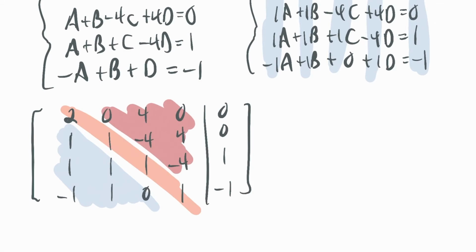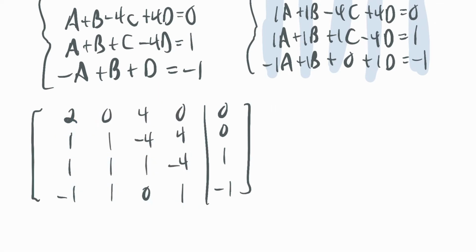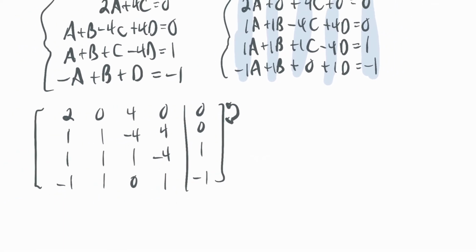How far you want to do row operations versus backward substitution is up to you. So I want to get a 1 in this position and zeros below it. And the order in which I do that doesn't really matter. So what I'm going to do, which I think will be the easiest, is to probably just swap the top 2 rows to get a 1 in this position first. I don't have to do it that way, but it's one way to do it. So I'm going to start with that.